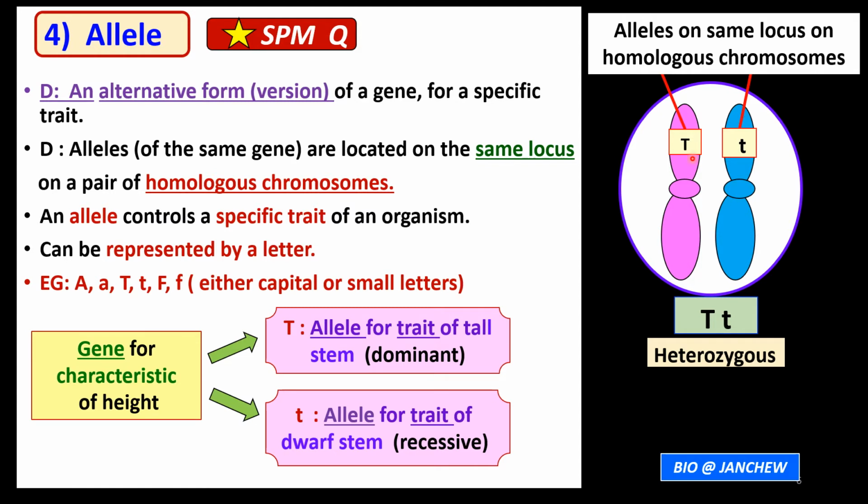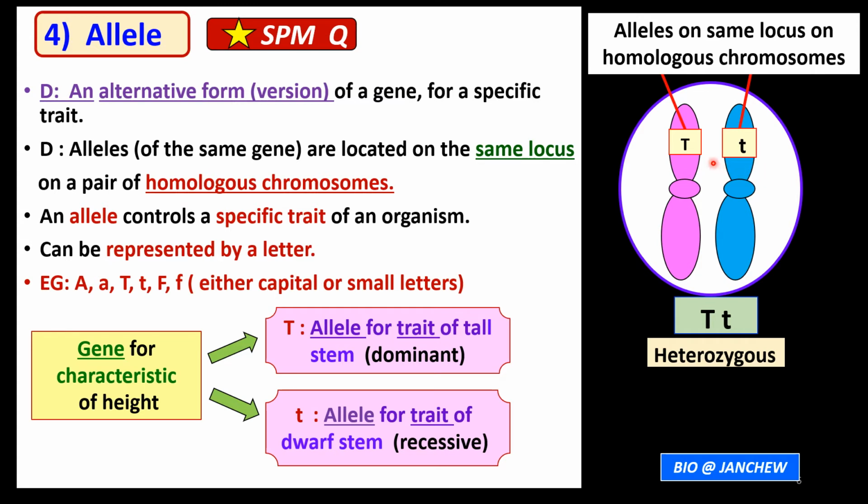The alleles big T and small t that control the specific trait, such as tall stem and dwarf stem, must be at the same location or locus on a pair of homologous chromosomes. The homologous chromosomes have the same size, the same position of centromere, and they carry the same type of genes. One comes from the male parent, called the paternal chromosome. The other is from the female parent, called the maternal chromosome.